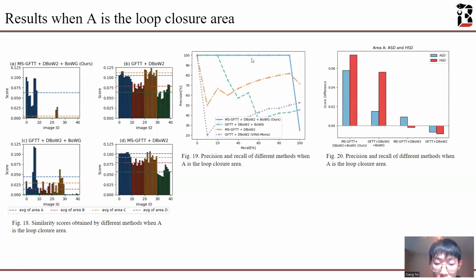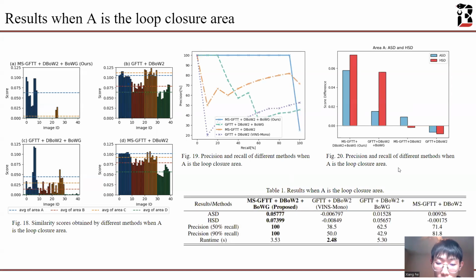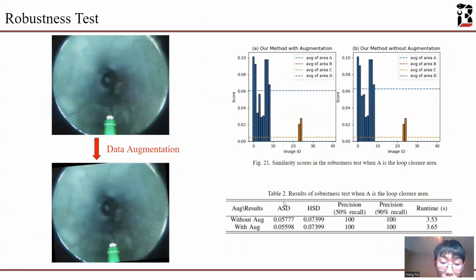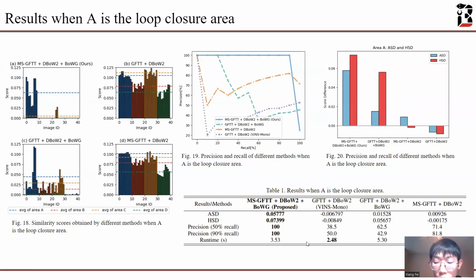And these 2 figures illustrate the precision recall curve and the ASD-HSD values. The table shows the detailed results. You can see that the ASD-HSD values of our method are much higher than other methods. Besides, our method can achieve significantly higher precision while with acceptable recall. In addition, our method is fast enough to perform online updates.